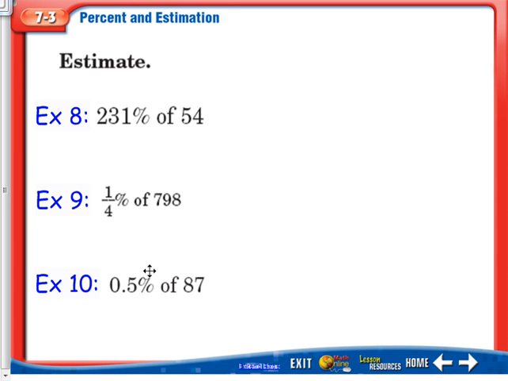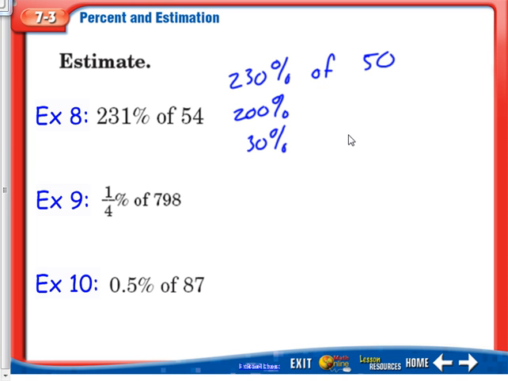Alright, now these last three are a little bit different, so we'll give you a couple examples here. If I find 231% of 54, I'm going to actually round that to 230% of 50. Alright, and then what I'm going to do is find 200% of that number, and then I'm going to find 30%. I'm going to kind of break it up. Okay, so 100% of any number is the same number.